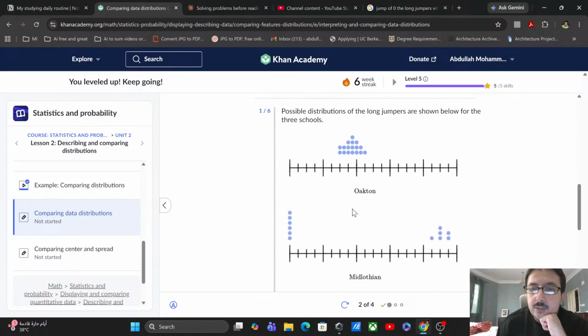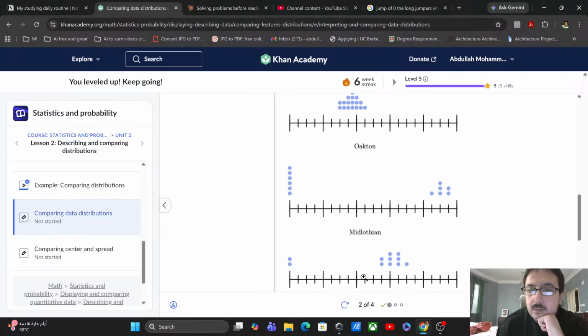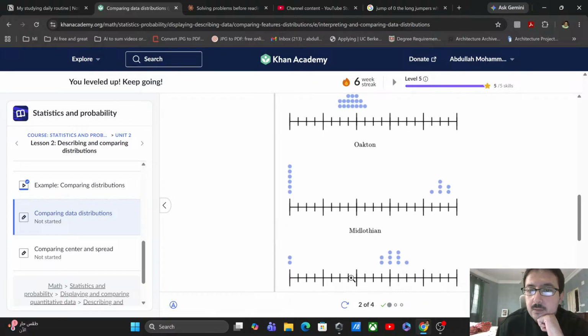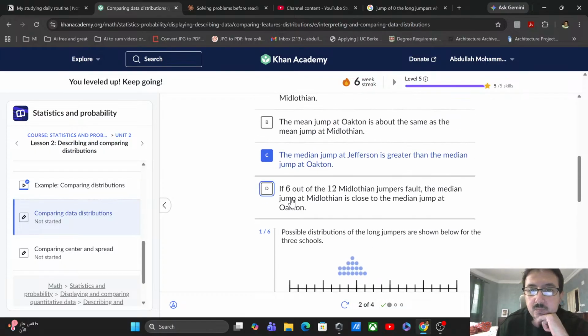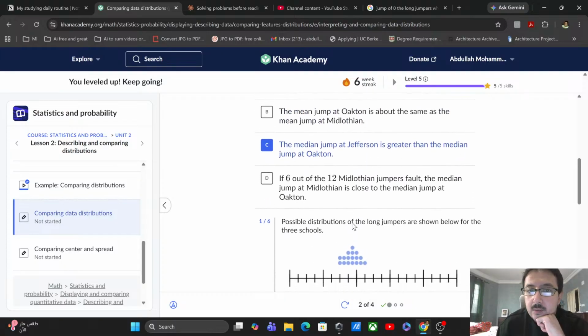Jefferson. Is it the same? Yep, it's probably the same. 12 Middleton jumpers. 6 fault.